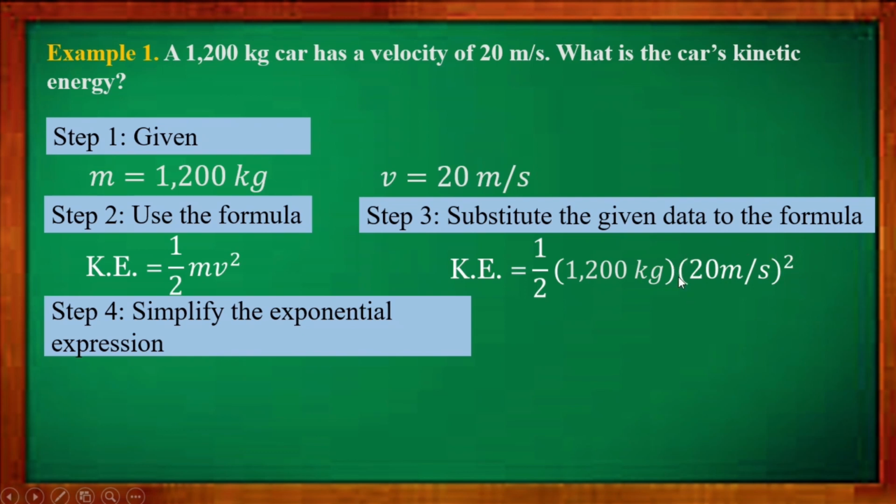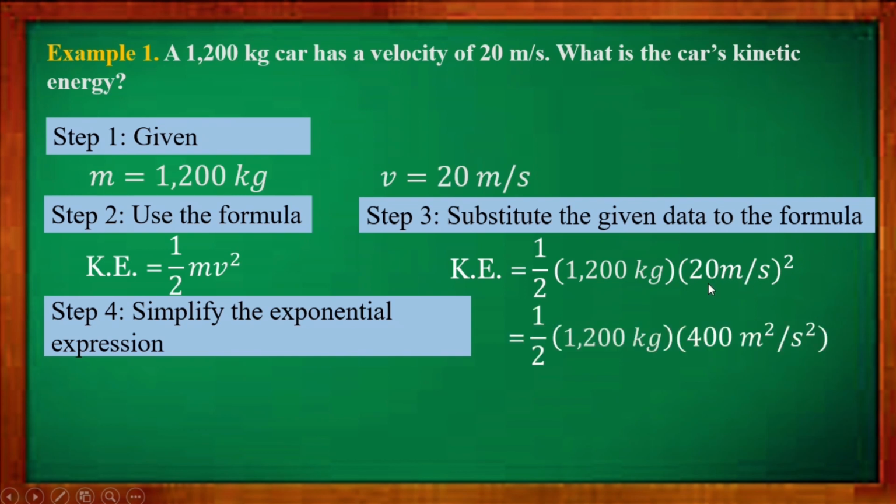And for us to get the simplified value of this one, what we are going to do is to multiply 20 meter per second squared twice since it has an exponent of 2. So we are going to distribute this exponent to all these terms inside the parentheses.